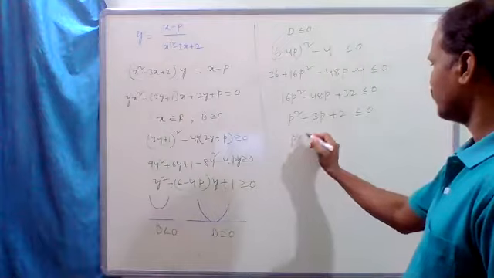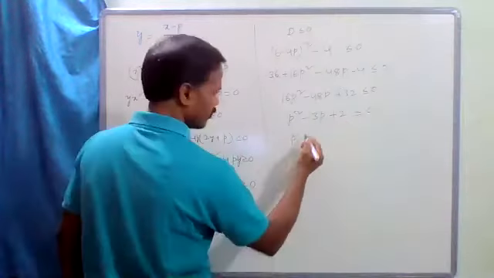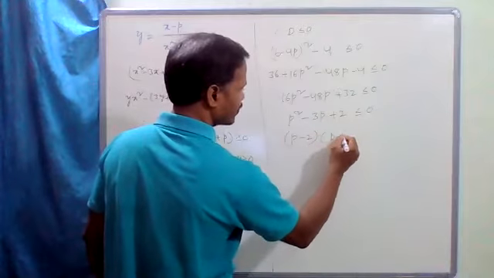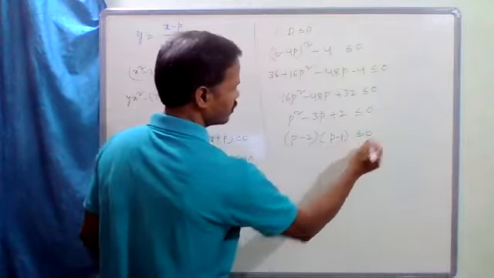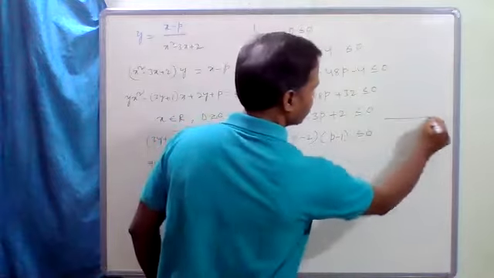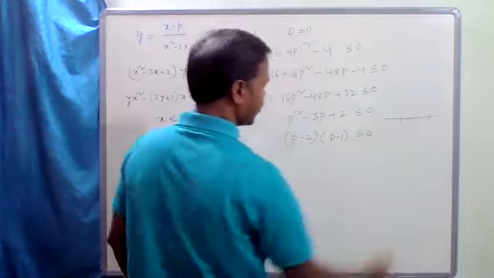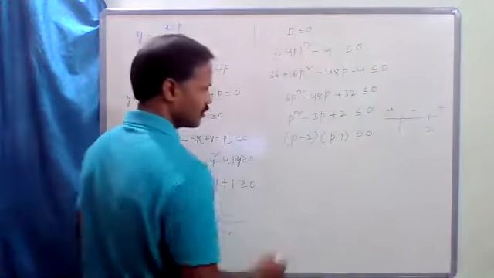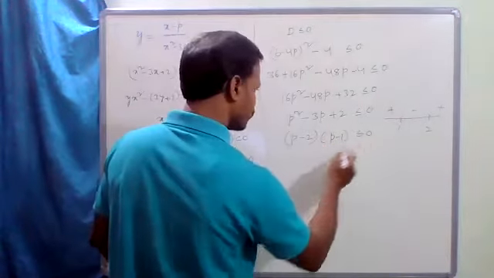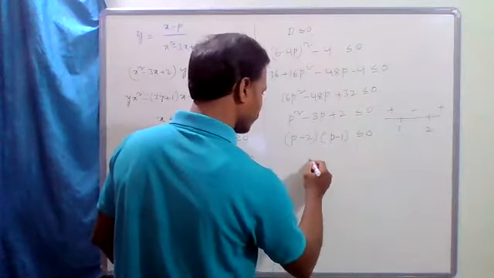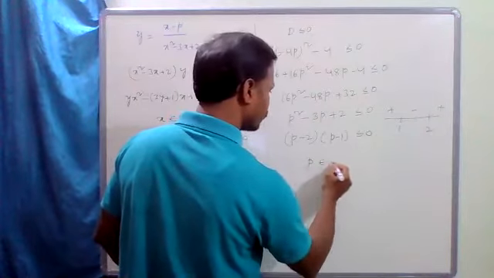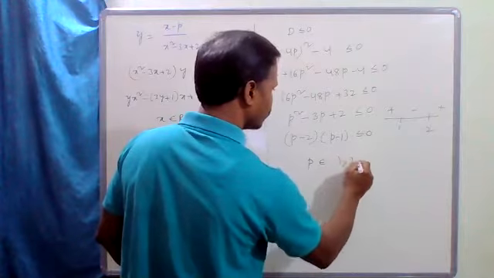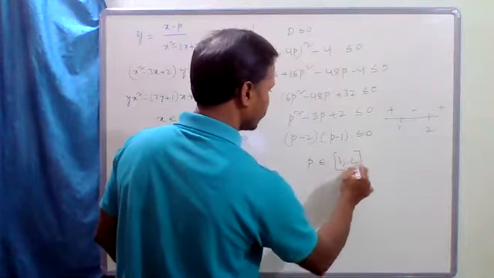So this is (p minus 2) into (p minus 1) is less than or equal to 0. So take a real line. If you take a real line, 1, 2, plus, minus, plus. So negative means p belongs to the closed interval 1 comma 2.